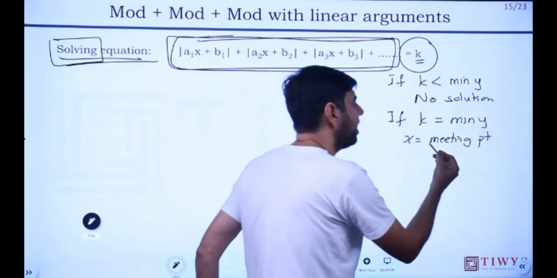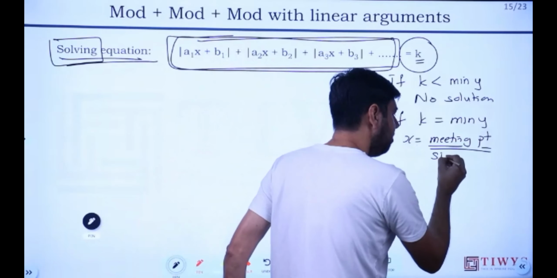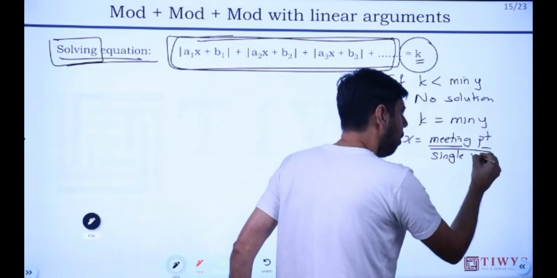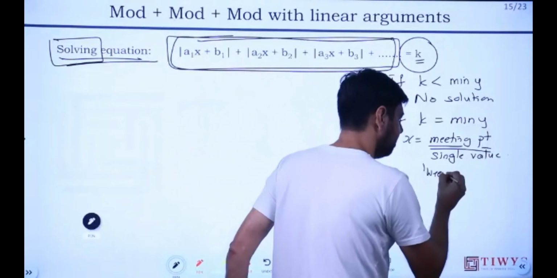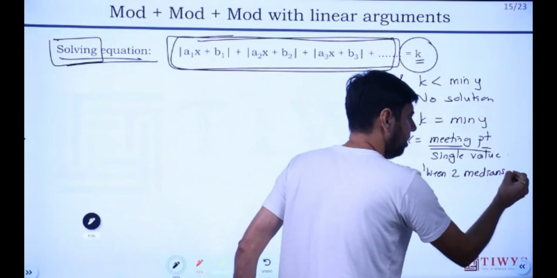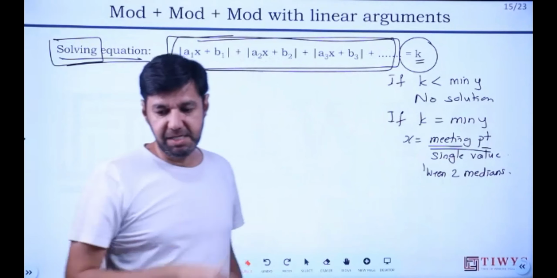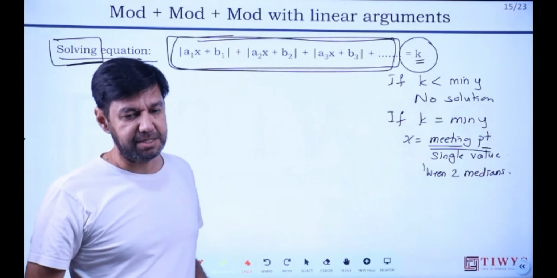So either a single value or between the two medians. So far, so good? Please stop me and ask whatever it is.